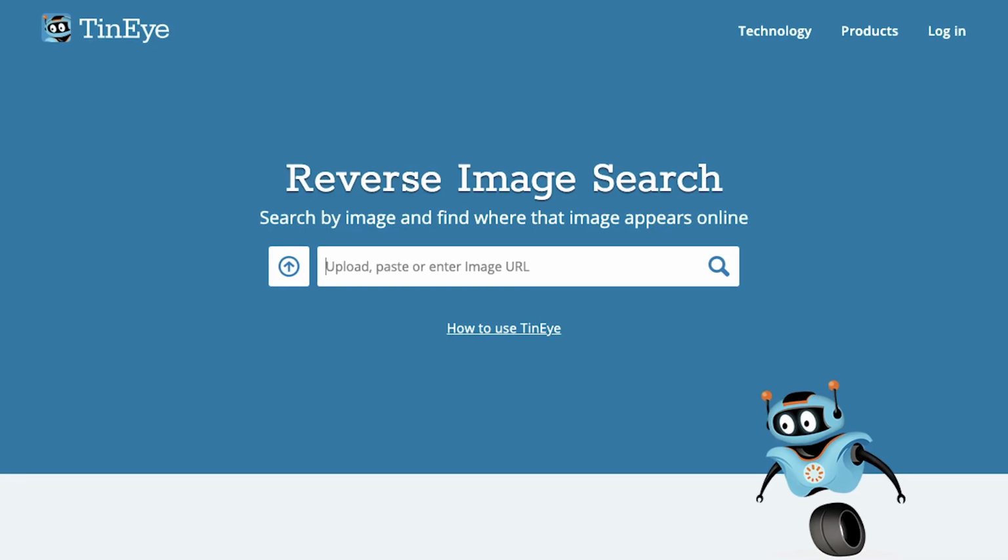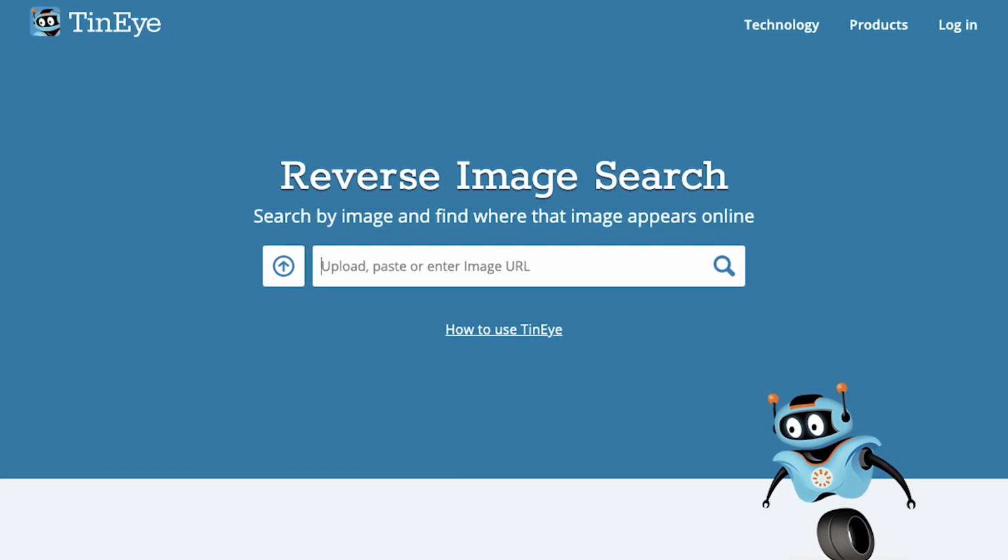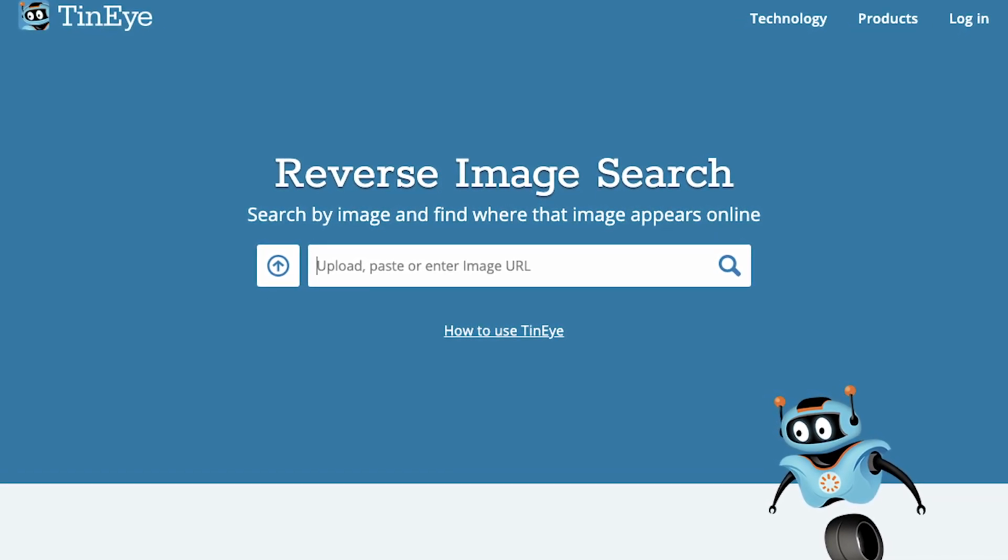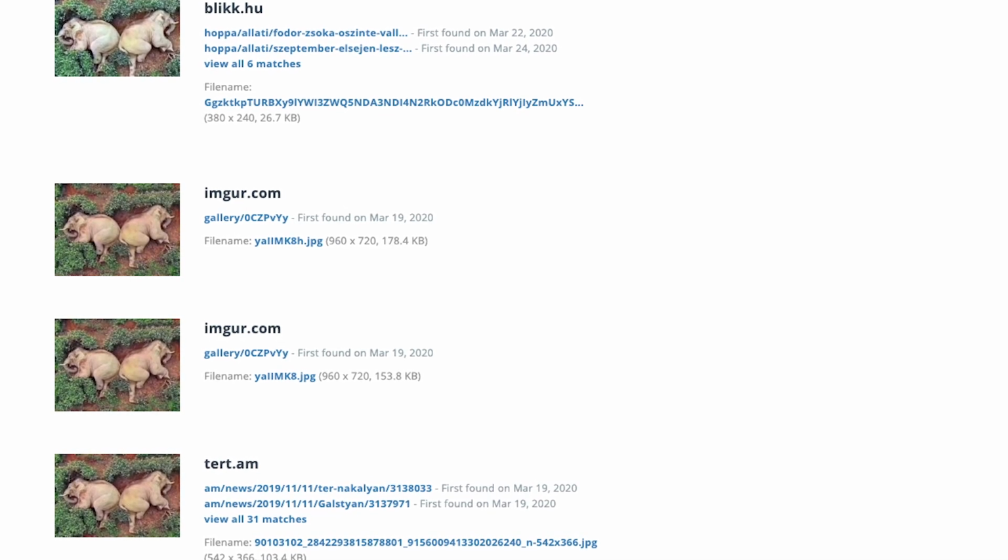The first thing I do is take the image to TinEye. TinEye is a reverse image search engine which collects images and images that are similar to those images and tracks where they were first posted and how they propagated across the internet.